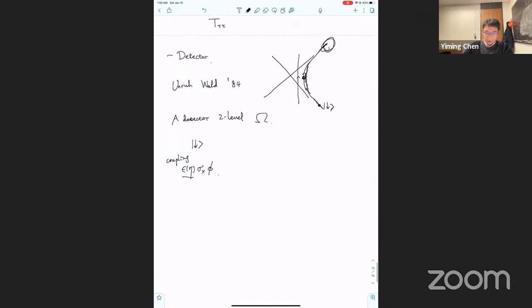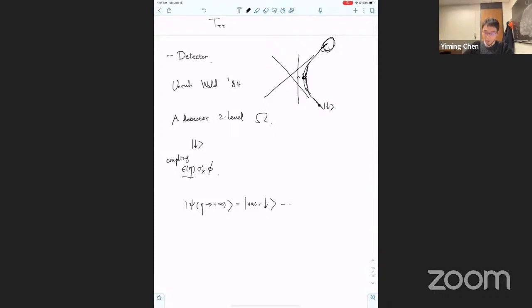Here we are not going into the details of the calculation that Unruh and Wald did, but just based on this very simple physical setup, we can write down schematically what the state of the system will be when eta goes to plus infinity, so at very late time. Schematically, there is some probability that nothing happens. If nothing happens, the state remains the vacuum state, tensor product with the down state of the detector.